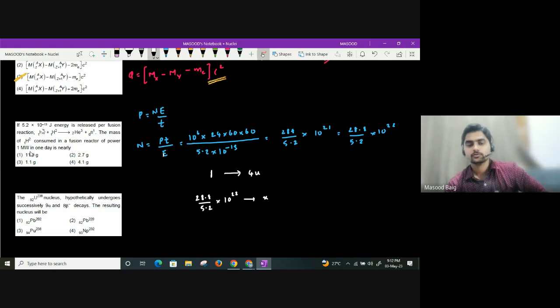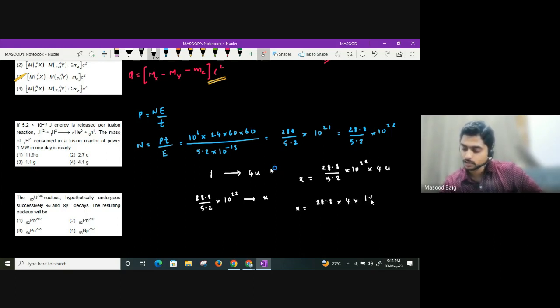For one fusion reaction we require 4u mass. For these many fusions, how much mass is required? I can write it as 28.8 divided by 5.2 into 10 power 22 into 4u. So the X value will be 28.8 into 4.